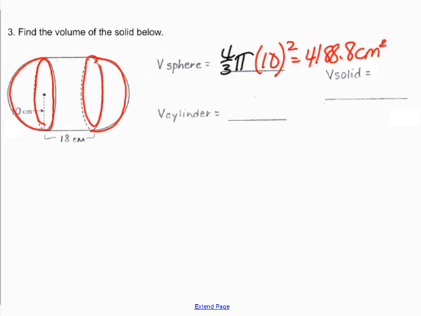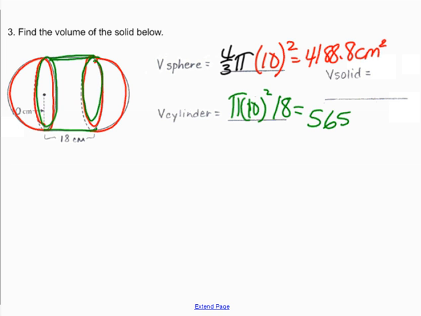And now I have to do the cylinder. The volume of that cylinder. So that formula is pi r squared times the height. That calculates out to 5654.9.